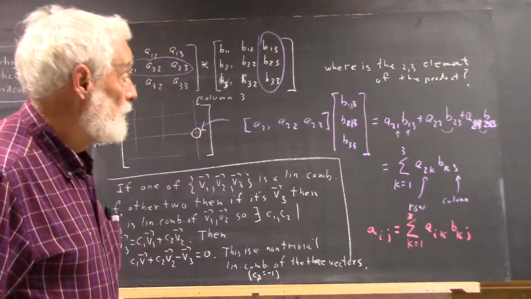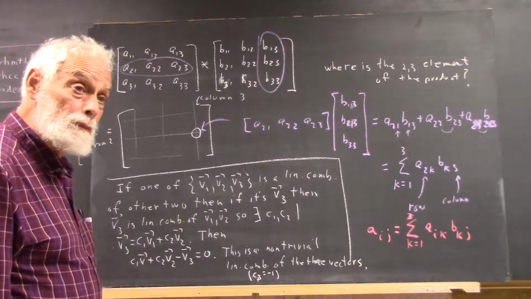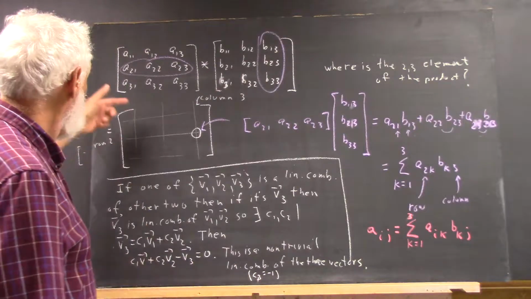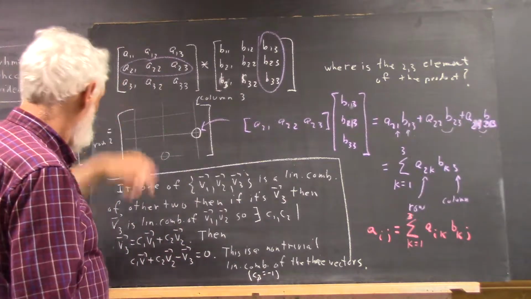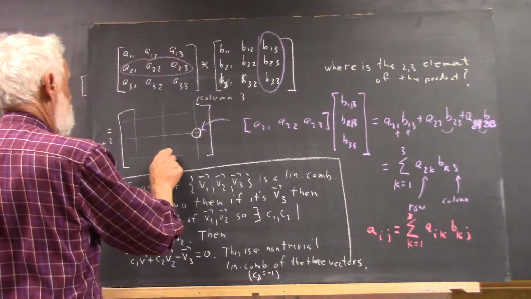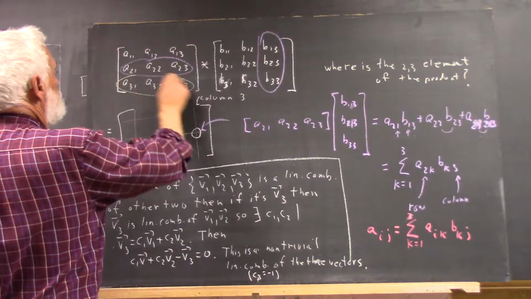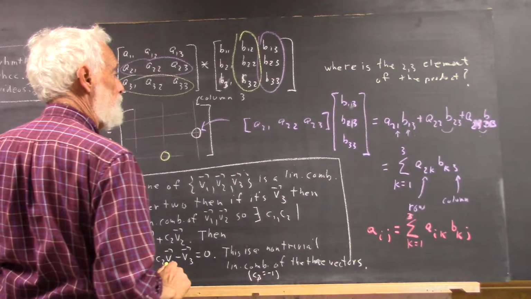So if I want the number in row 3, column 2, what am I going to do? Well, that's going to be here. Here's row 3, column 2. I'd multiply row 3 by column 2. So to get the number that goes here, I'd multiply this row by this column.